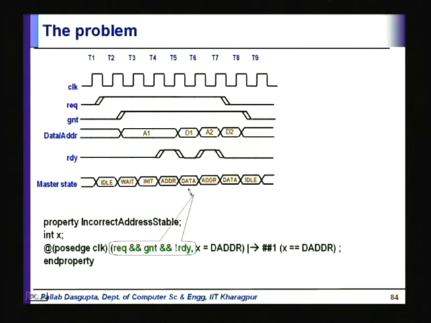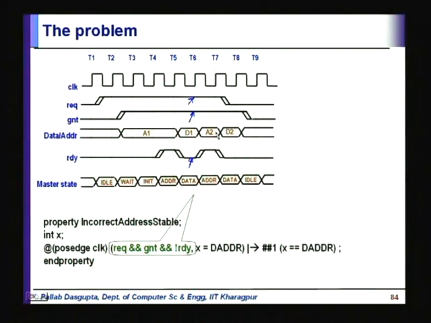Now see, look at this, it is the same transaction, look at this cycle. In this cycle we have request, we have grant, but ready is lowered, right. But now see, what does the bus contain? It contains data, it does not contain the address, right. In this cycle it is containing data.